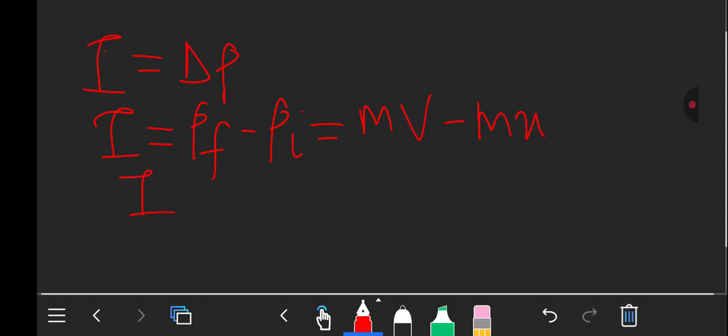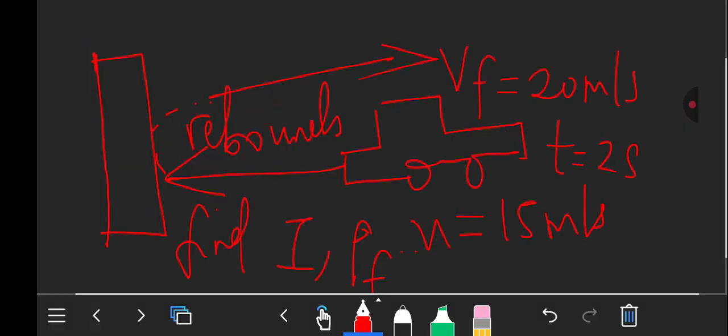So our impulse will now be equal to, what is the mass? Have we been given the mass? The mass of this car was 150 kg.